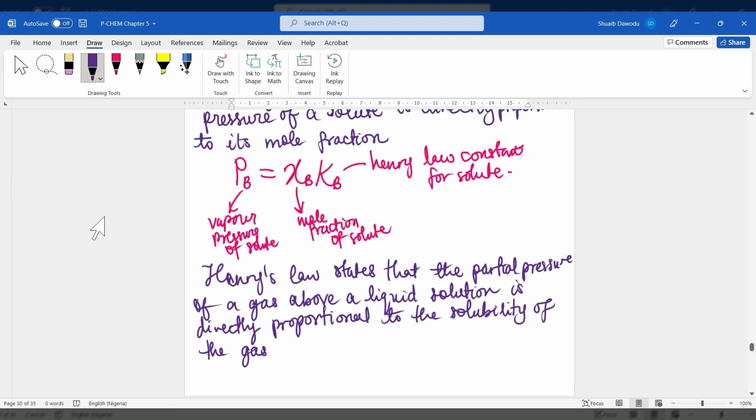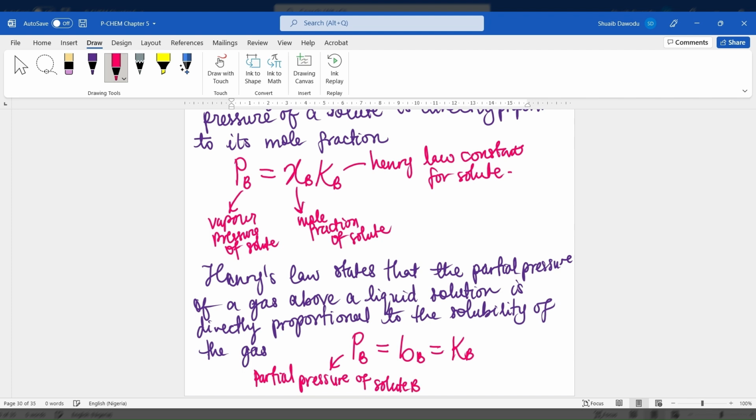We denote this one by the formula P sub B equals K sub B, where P sub B is simply the partial pressure of solute B. It's not equal to here, it's multiplied by. So let me rewrite this formula.